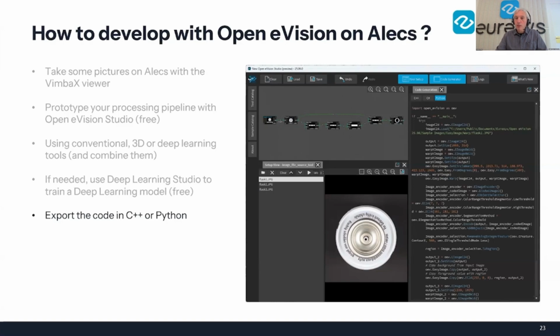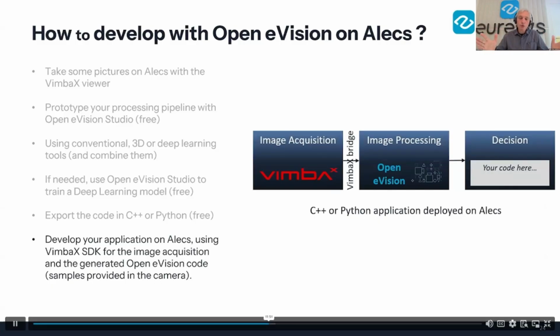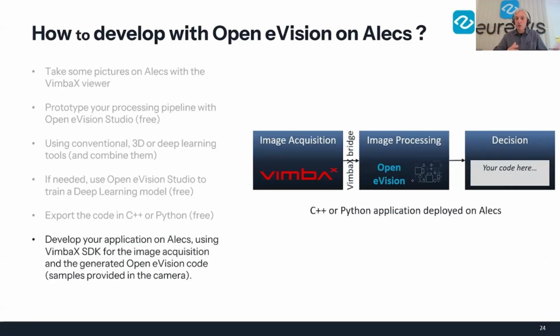And you can generate the code in 3 different languages: C++, C#, and Python. So after you design your processing pipeline in Open eVision Studio, test it with the pictures, and get good results, then you can use that code in the embedded application that runs on Alex.